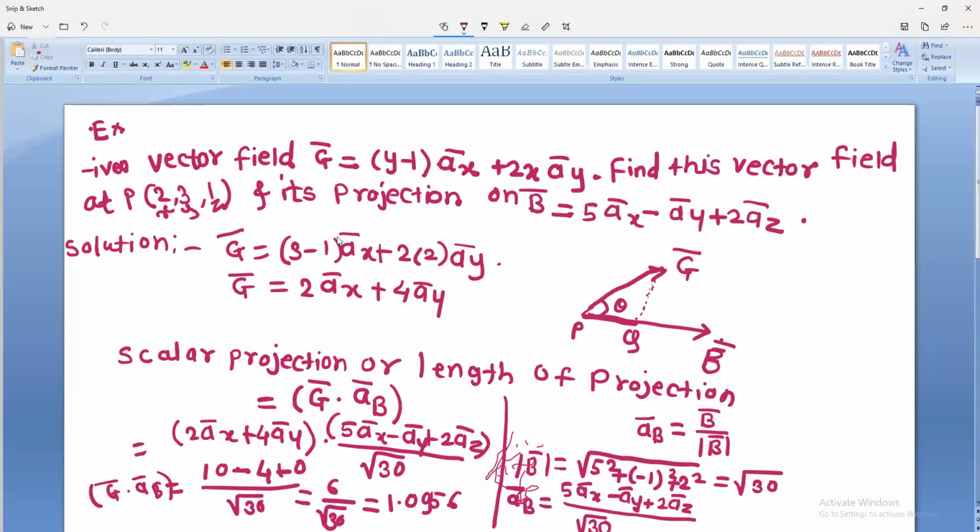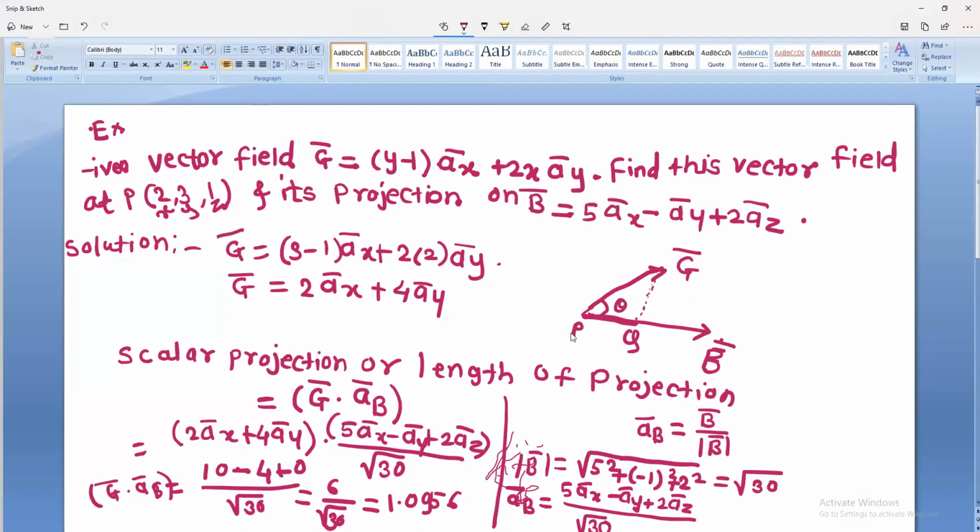its projection on B bar. Its projection means the vector G bar's projection on vector B bar. So this is vector G bar and its projection is given on vector B bar.